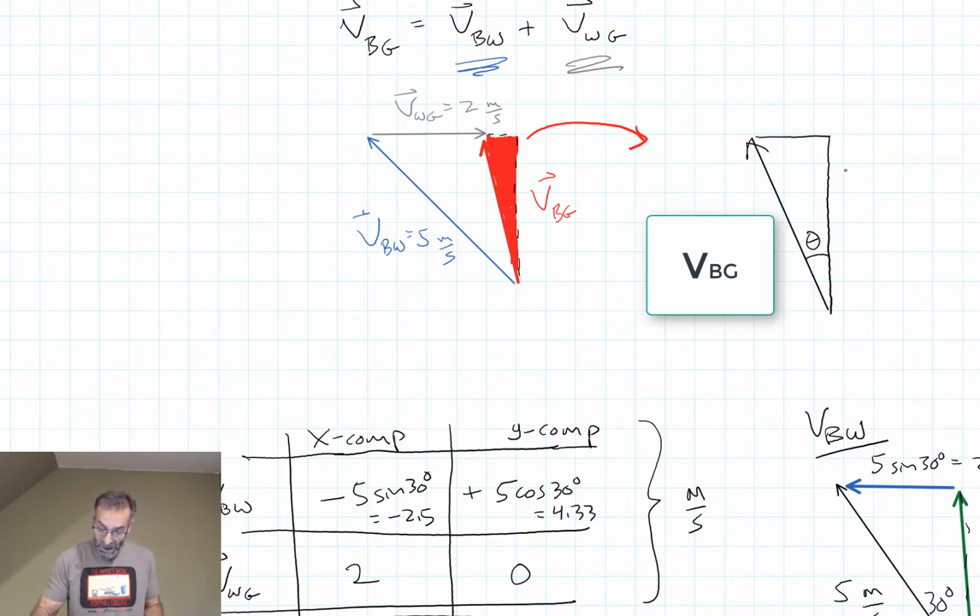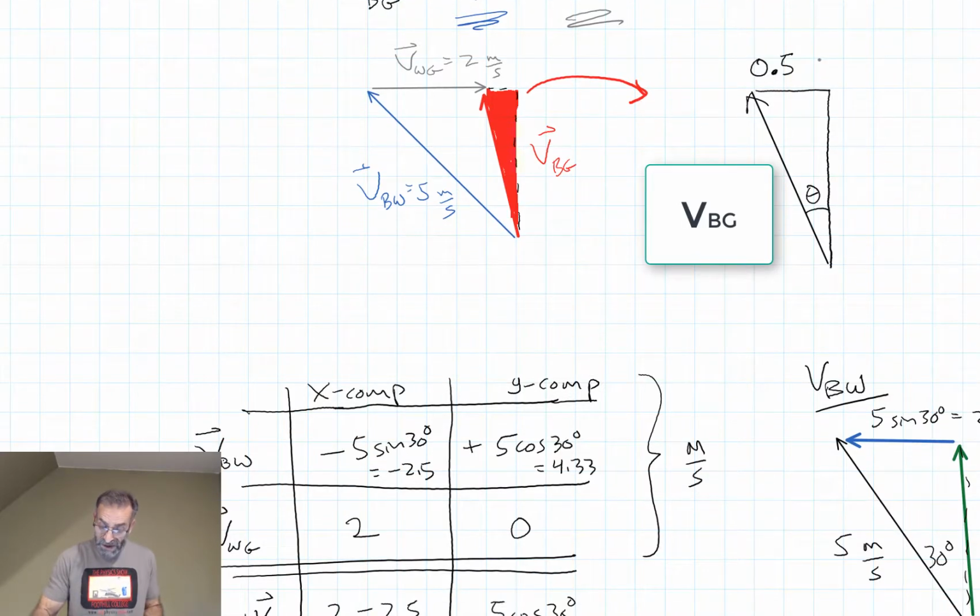The x component is 0.5 meters per second, and it's pointing in the negative direction. The y component is 4.33 meters per second, and it points in the positive direction. And now I know exactly how that triangle is, and I can find the magnitude of the velocity and the angle using these two sides.